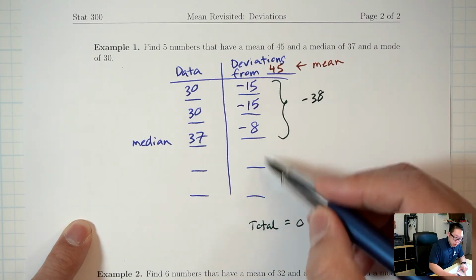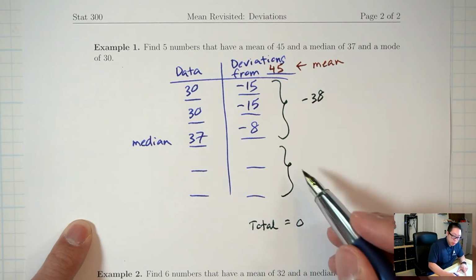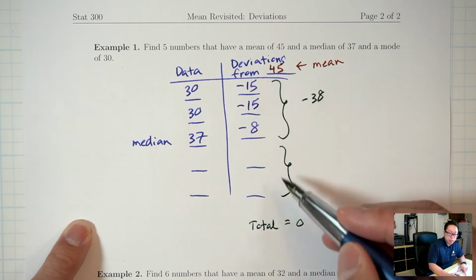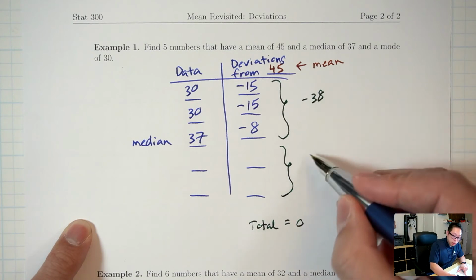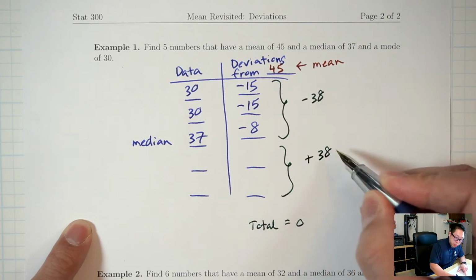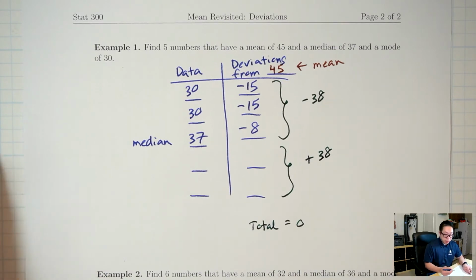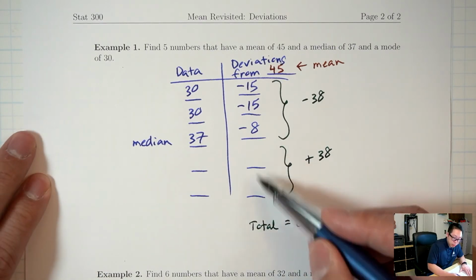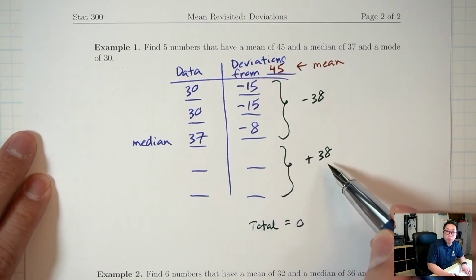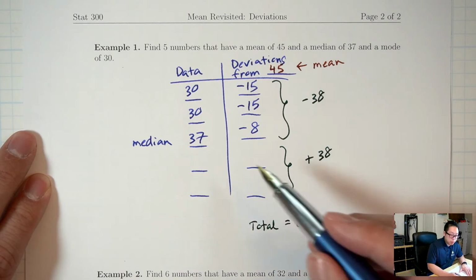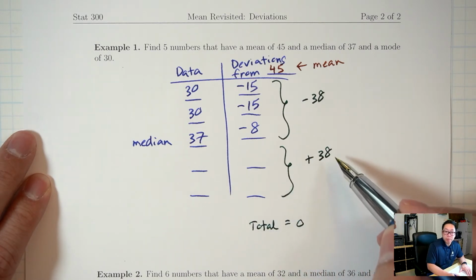So these last two deviations together need to balance that out. They need to be plus 38 in order for me to get a 0 at the end. So here you get to pick any two numbers that will add up to plus 38.